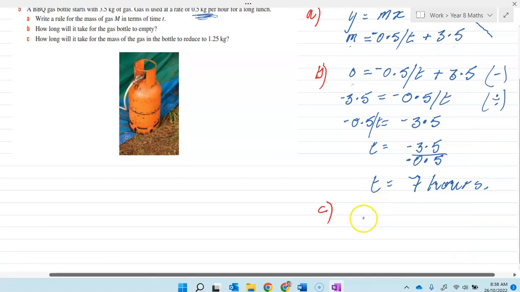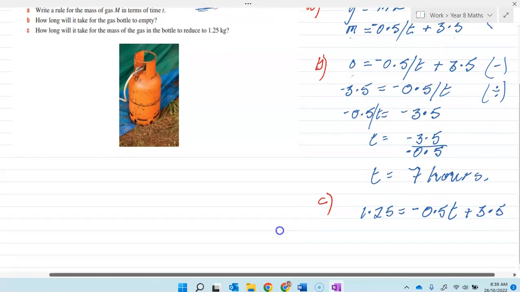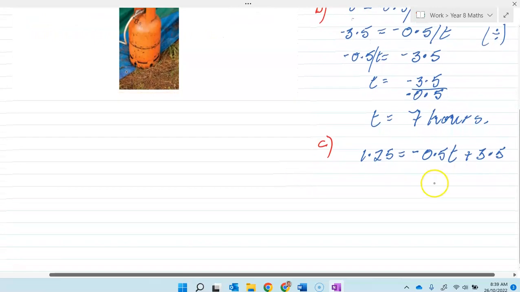So that becomes 1.25 equals negative 0.5t plus 3.5. So what value for time, how long will it take to reduce it down to this amount of mass?